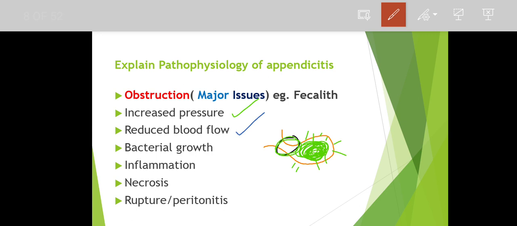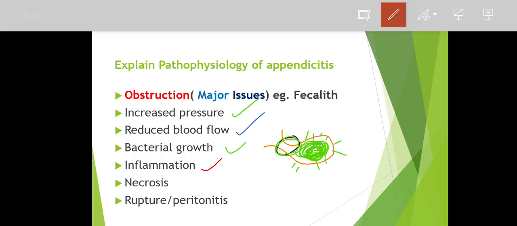So wherever there is reduced blood flow, there is going to be bacterial growth. Whenever bacteria invade that area, we need the process of inflammation, because this is the process by which neutrophils come to the site of infection, so that this infection can be removed out of the body. So that's why the inflammation is going to appear there.